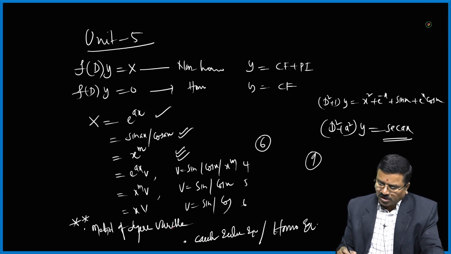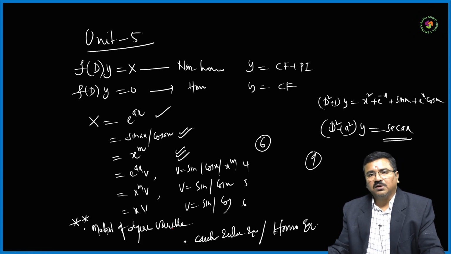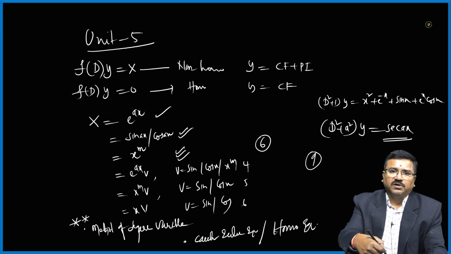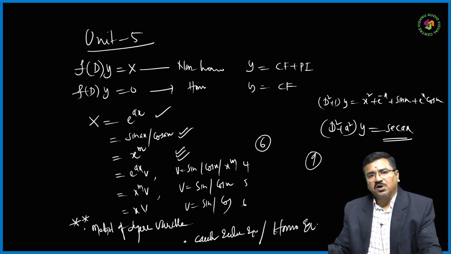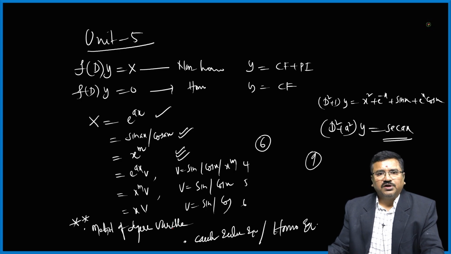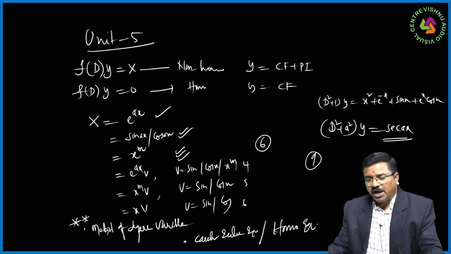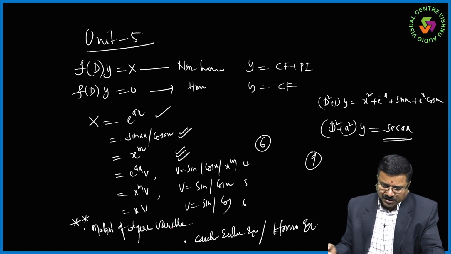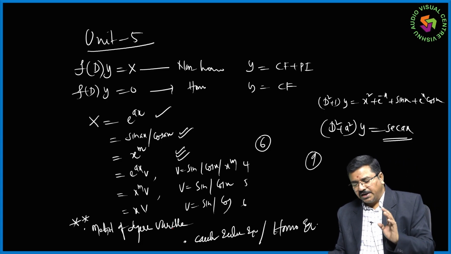But for Cauchy-Euler, the difference from the first problems is that all those we discussed are differential equations with constant coefficients, but the Cauchy-Euler equation is a differential equation with variable coefficients. That is converted into constant coefficients, and you can solve it as usual. So the expected questions, compulsorily, are the method of separation of variable and Cauchy-Euler.